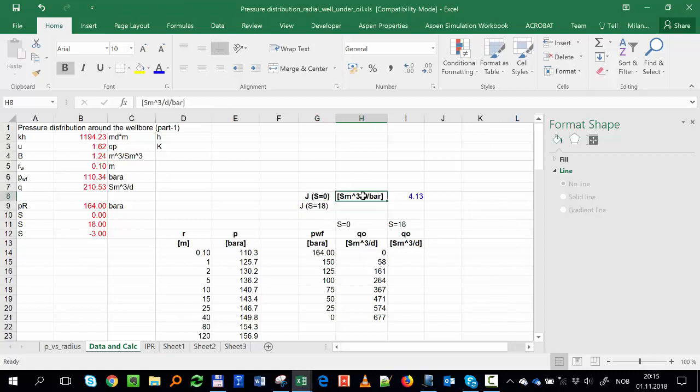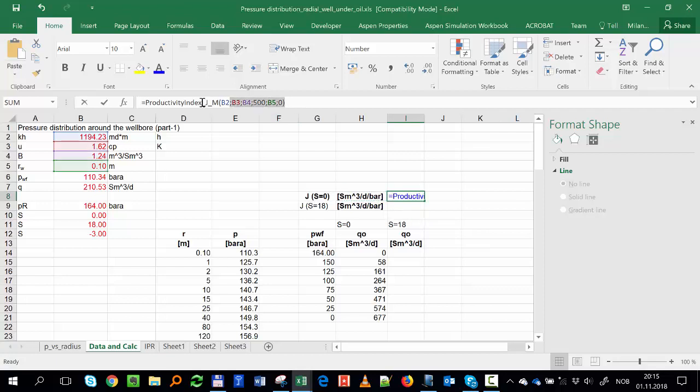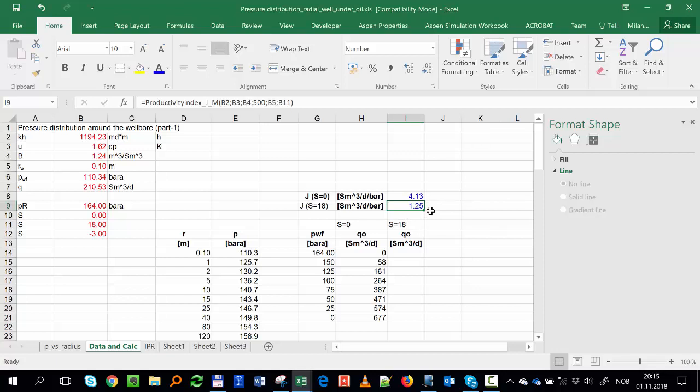We can copy almost the same equation, but now I change it. This S won't be 0, but 18. So you see the productivity index was reduced dramatically, 1.25.